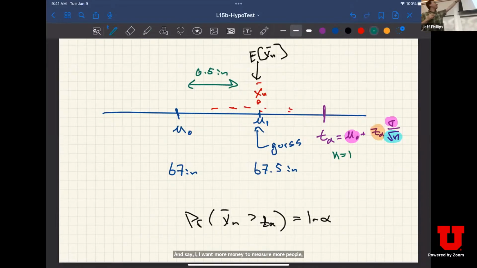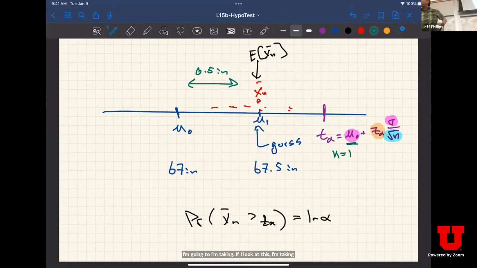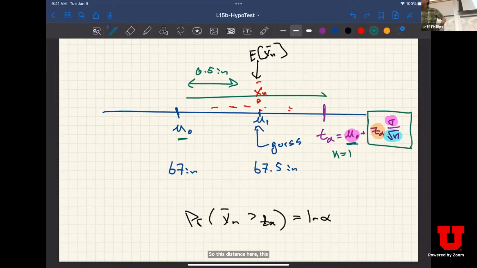What's going to happen to the T alpha value? I'm taking mu 0, which is here, and adding on this term, this distance, Z alpha sigma over square root n. Two of those things I can't change. I can't change Z alpha unless I give up on my confidence, accepting lower confidence. And I can't change sigma, since I assume I knew what sigma was.